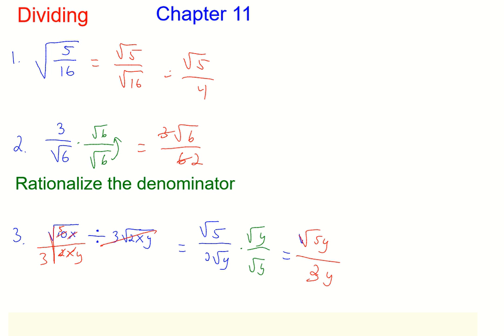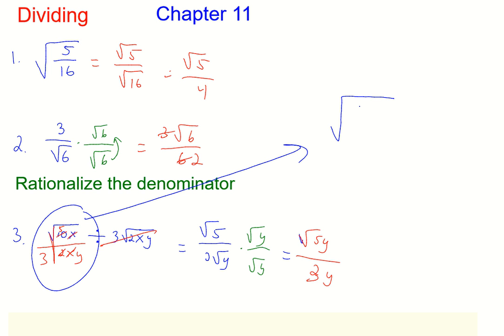Andrew. Oh, can you do the top? Why wouldn't it be 5y over 3y instead of the square root of 5y? Okay, so let me clarify. So right here, Andrew, here's what I have.